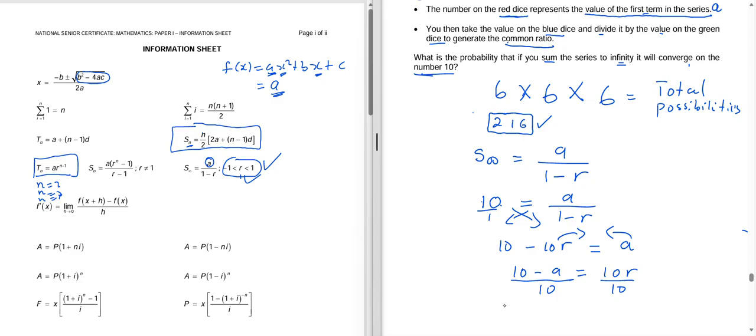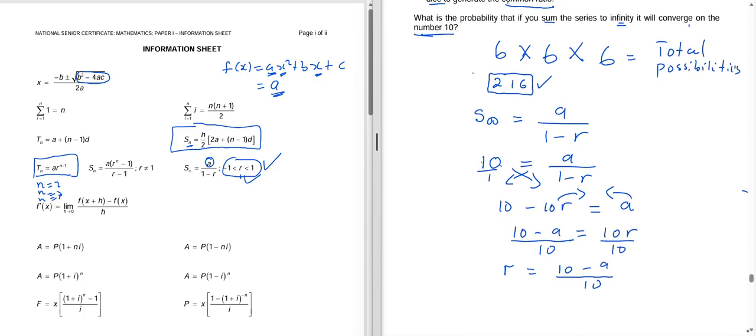So r is equal to (10 minus a) over 10. So what that means, because remember we said a is the outcome for the red die. So let's go and give meaning to this one.